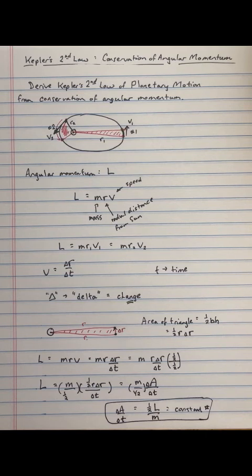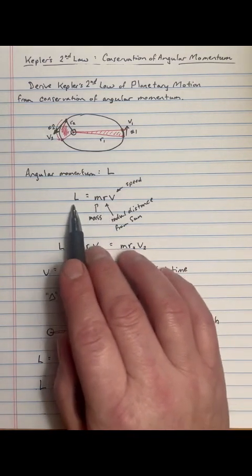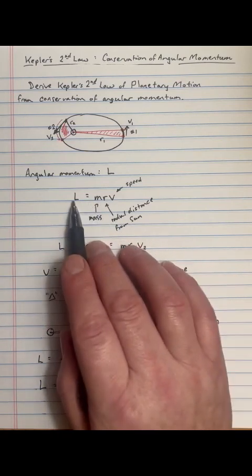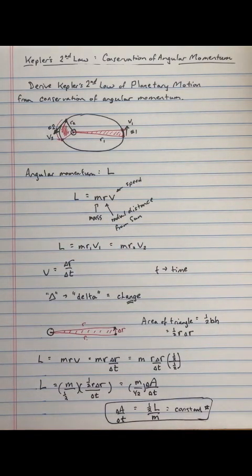This is a way to understand where Kepler's second law comes from. It comes from ultimately conservation of angular momentum. The fact that the object is orbiting the sun and that particular number doesn't change can be re-expressed as the way that Kepler talks about it here.